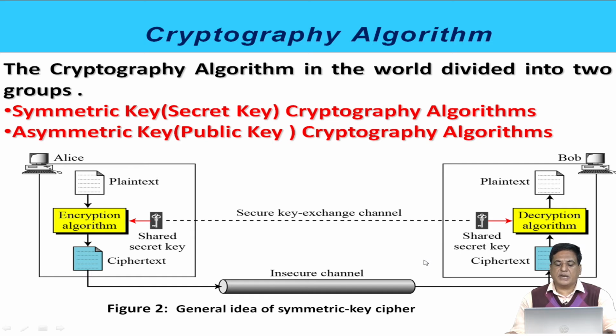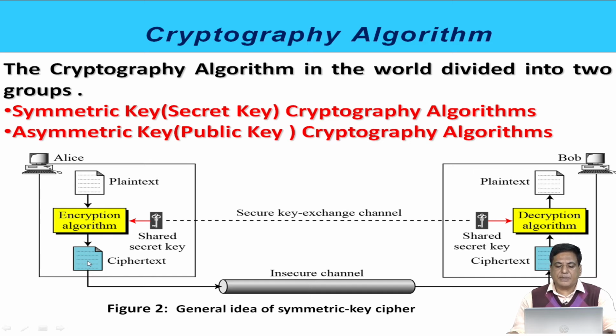Cryptography algorithms are divided into 2 groups: symmetric key, or secret key, or we can say private key cryptography algorithms, and asymmetric key, or public key cryptography algorithms. This is the general block diagram of symmetric key cryptography, in which we assume that Alice is the sender and Bob is the receiver. Alice generates a message that is known as the plain text message. Alice uses some encryption algorithm, performs the enciphering function with the help of some key and converts the plain text into the ciphertext.